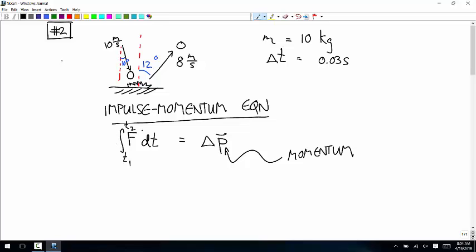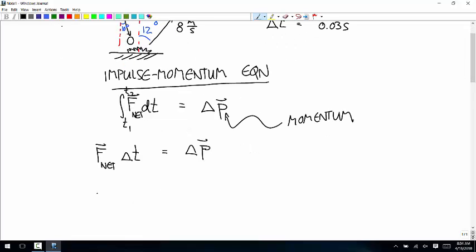And so if we assume that F is constant, that says that the net force vector times the change in time is equal to the change in momentum. And you can write that as the average net force is equal to the change in momentum divided by the change in time. So we need to calculate the change in momentum.